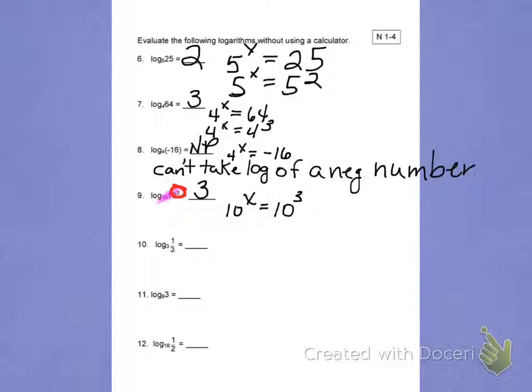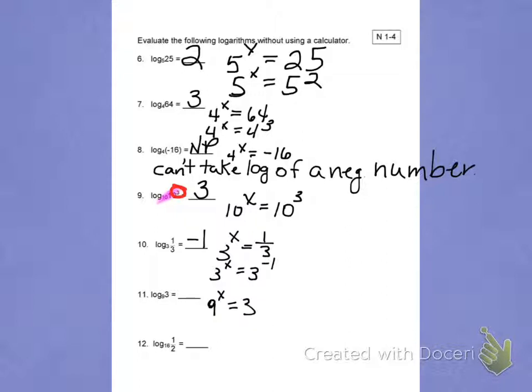All right, let's go back and do a couple more. 3 to the x equals 1/3. 1/3 is 3 to the negative 1. So x must be negative 1. Okay. Now this one's a little trickier. 9 to the x equals 3.